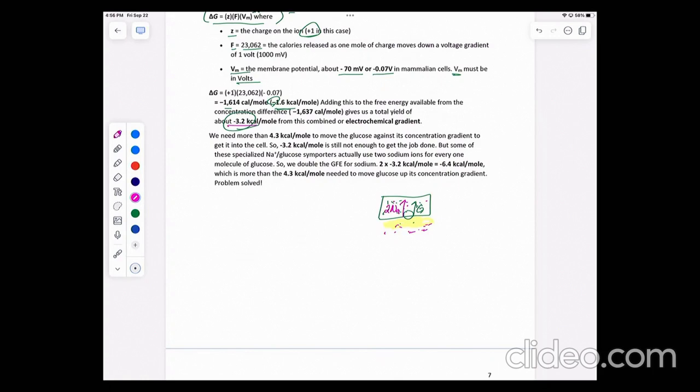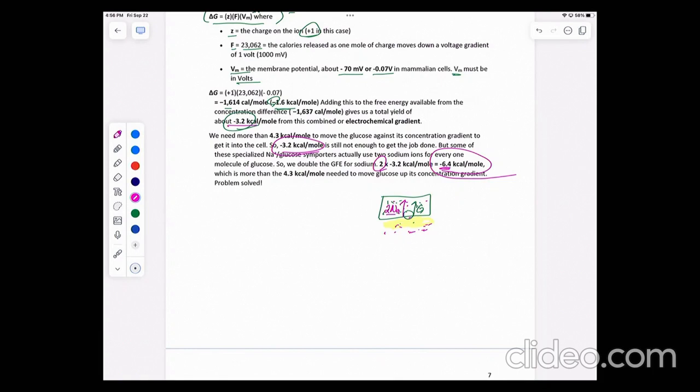So now I can use the energy for 2 sodiums. Well, if 1 sodium gets me minus 3.2 kilocalories per mole, then what do I do? Multiply by 2, and now what do I get? This symporter here, because it's utilizing 2 sodiums, now my energy yield is 6.4 kilocalories.